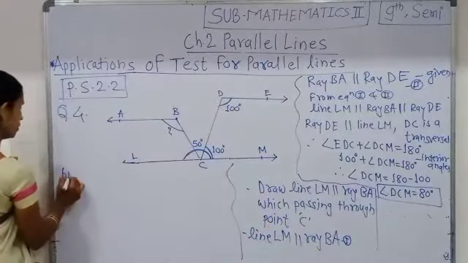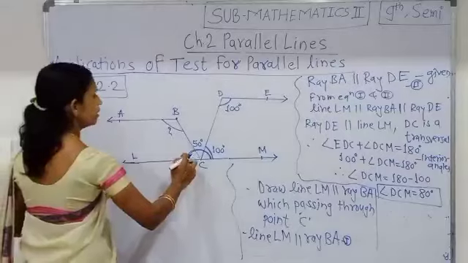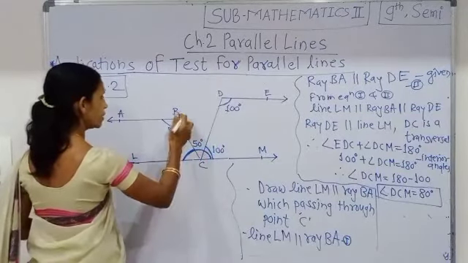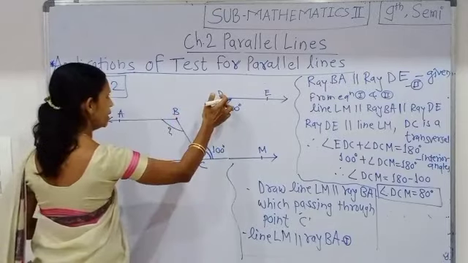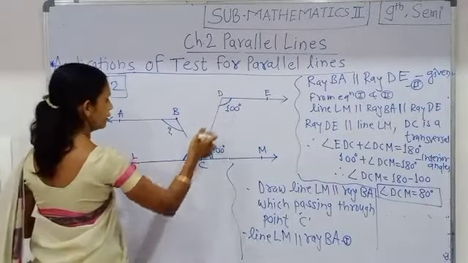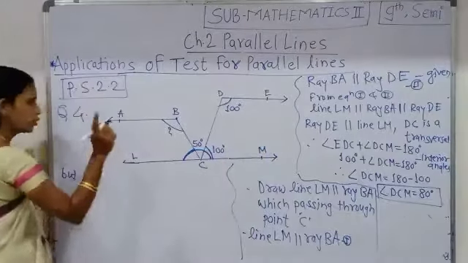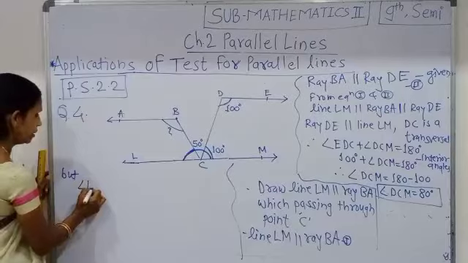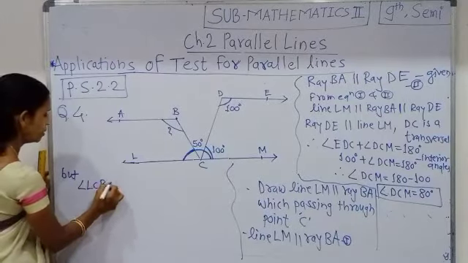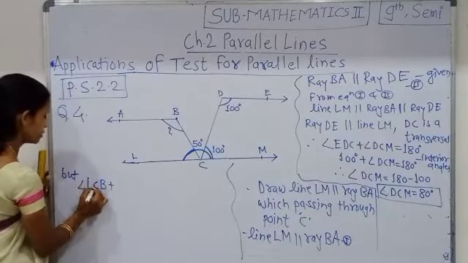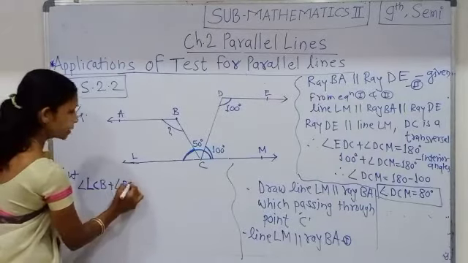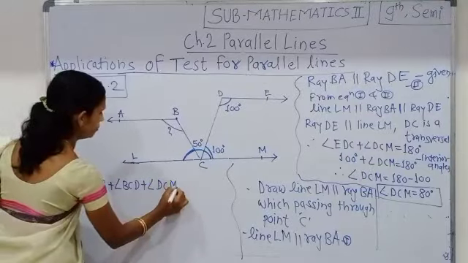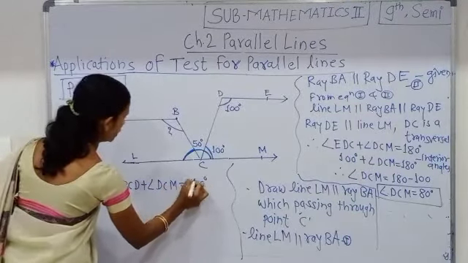But here angle LCB, this angle, plus angle BCD plus angle DCM is 180 degrees, because those are a linear pair of angles. Angle LCB plus angle BCD plus angle DCM is equal to 180 degrees.